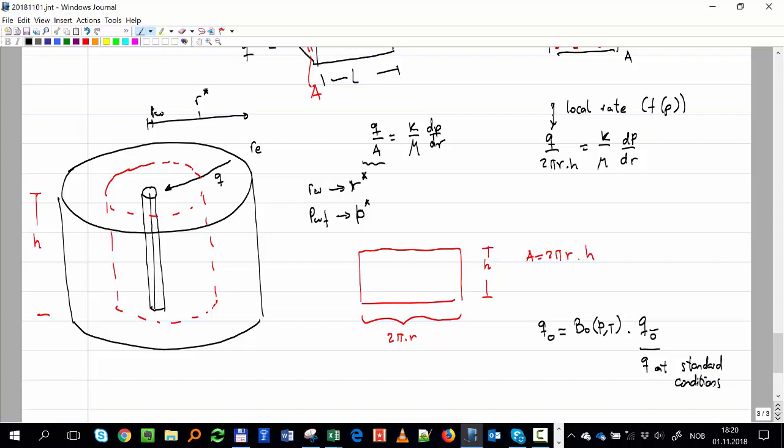We will see later, maybe next week when we go to multi-phase, it's very important to keep track of all of these factors, because you will have gas, you will have oil, and all of these BO, BG that are important. But for now, just assume that we are using the same approach as for the gas. And this number is usually between 1.0, meaning an oil that is not very much affected by pressure.